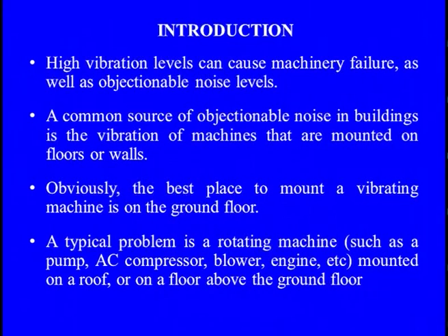But sometimes, according to their operations, many machines have to be placed on the first or higher floors, and this structure is a good support for transmission of vibrations, irrespective of whether the amplitude is high or low. So obviously the best place to mount a vibrating machine is generally the ground floor.